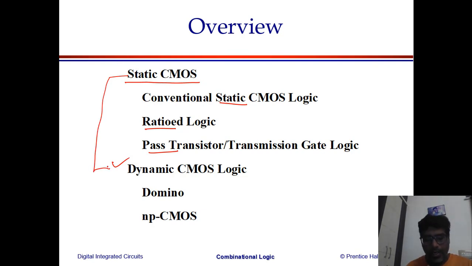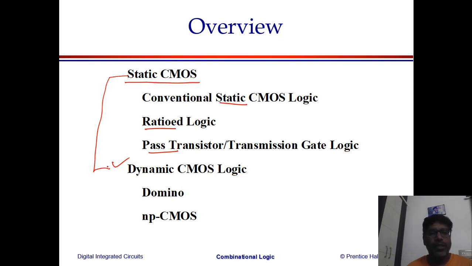In your earlier classes, you might have become familiar with some of the basic things, like resistor transistor logic, diode transistor logic, and you might even have compared those different types of logic with respect to power, timing, speed and so on.